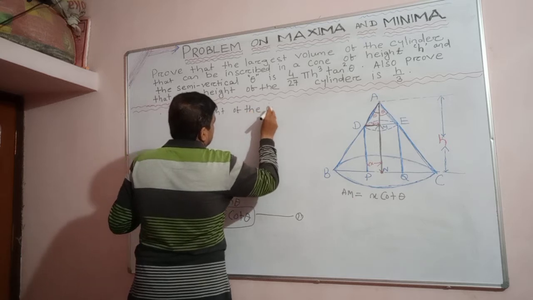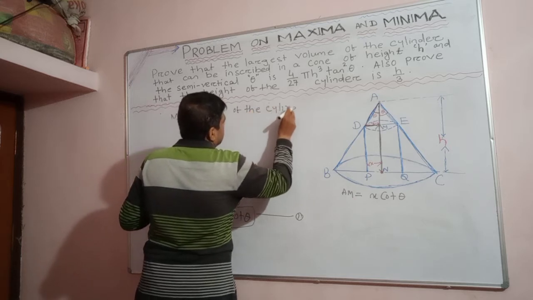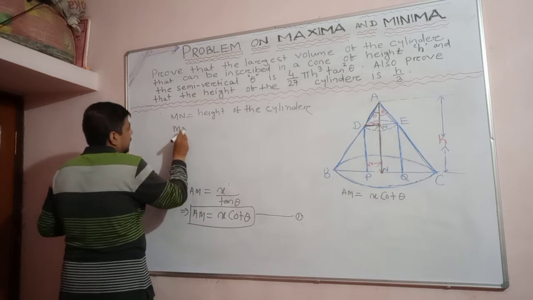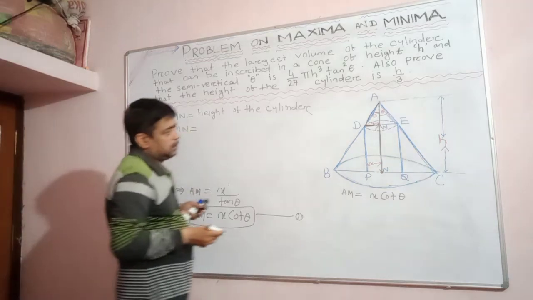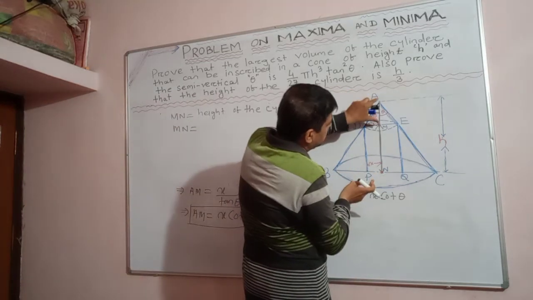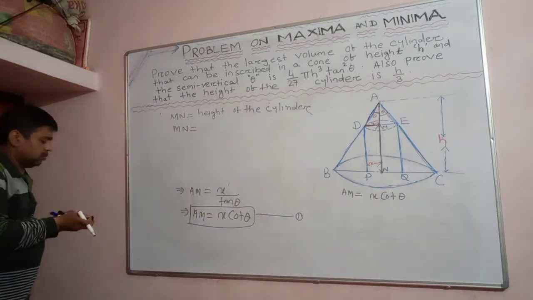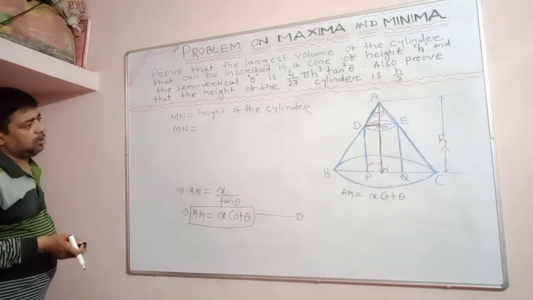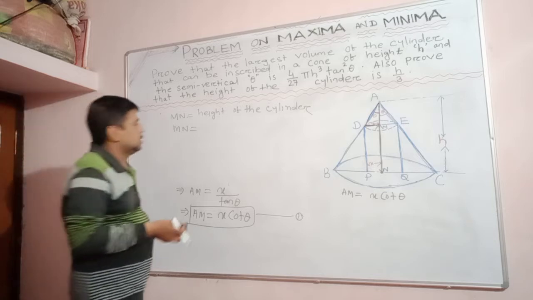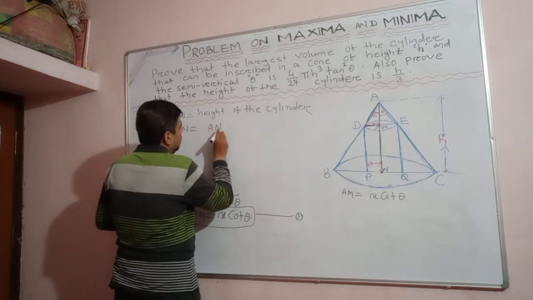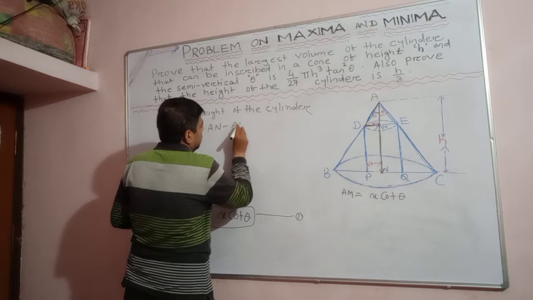Height of the cylinder. So this part Mn can retain. Look at here. You see now, total An minus Am. Mn is equal to An minus Am.